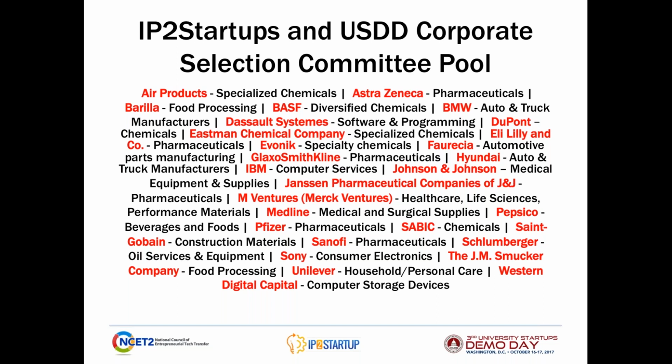So you'll see that there's a lot of different folks here with a lot of different needs and interests, but all of them are very committed to this program and are very interested in seeing what you have. So this really creates pull for you in terms of what you're willing to present to us in the way of not only intellectual property, but your startups as well.